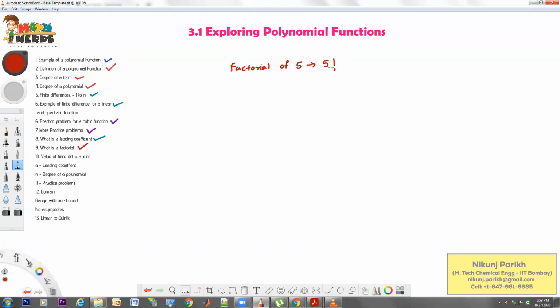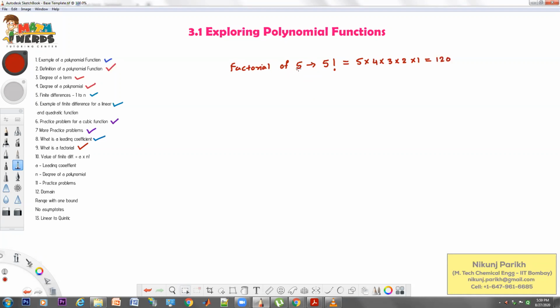And the value of this is 5 times 4 times 3 times 2 times 1 equals 20 times 3, 60, times 2, 120.